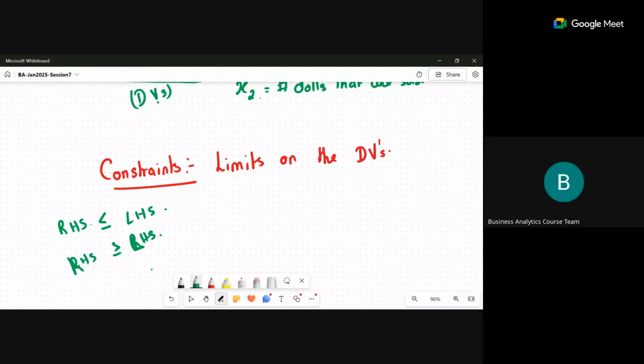I think I've written it wrong. One second. This is my right, this is my left. So I have a left hand side and a right hand side, and they are related by either less than or equal to, greater than or equal to, or equal to, right? So I will be writing equations of this form.